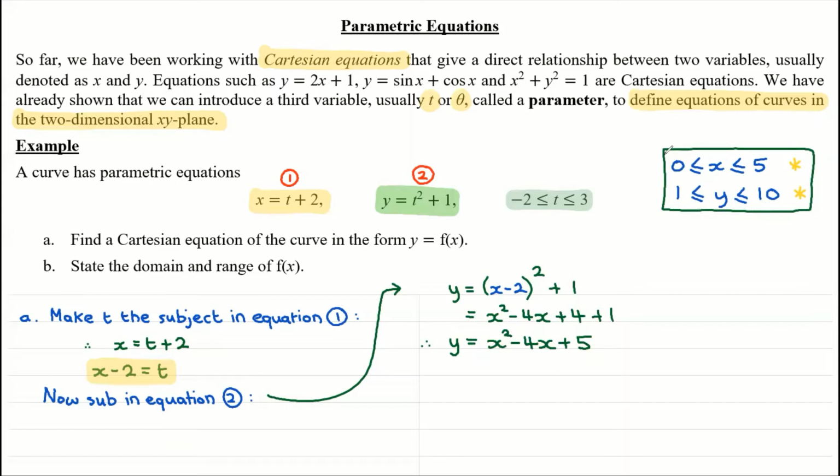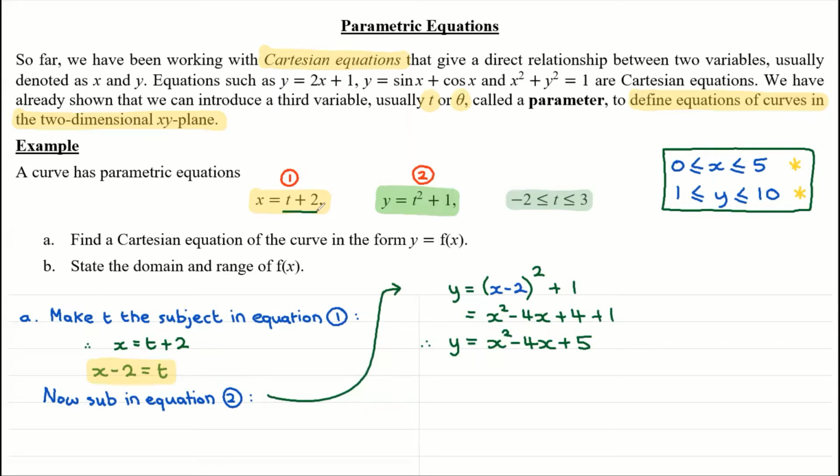If we look at the two parametric equations, we can see that x is defined as t plus 2. Now that's obviously a linear expression, which means that there's not going to be any maxima or minima to worry about in between. It's just going to be either a case of increasing or decreasing.